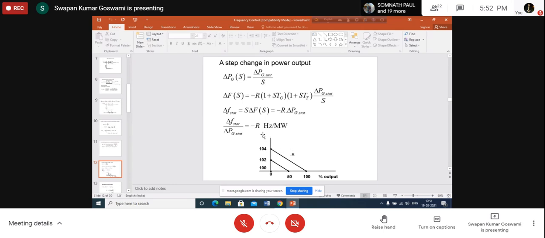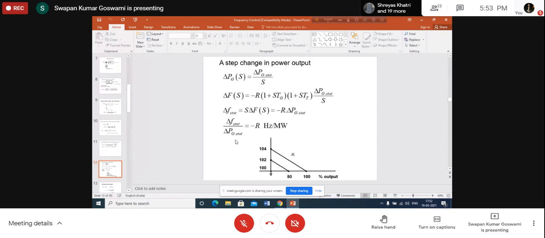So basically R is representing the percentage change in frequency from no load to full load. Why are we talking about from no load to full load? Because of this minus R, and we are representing the value of R with respect to the full load operation of the generator.